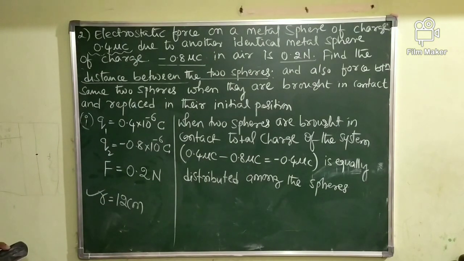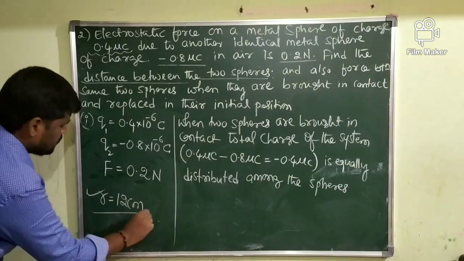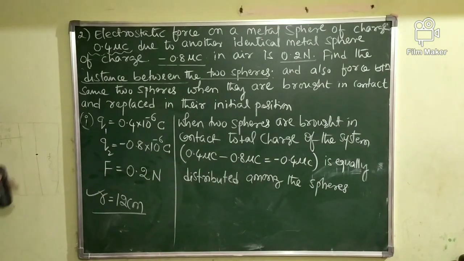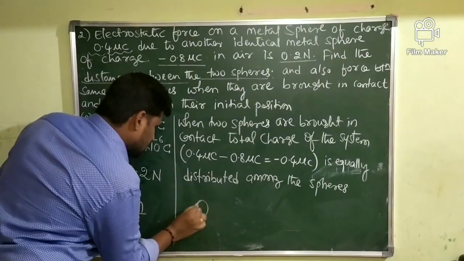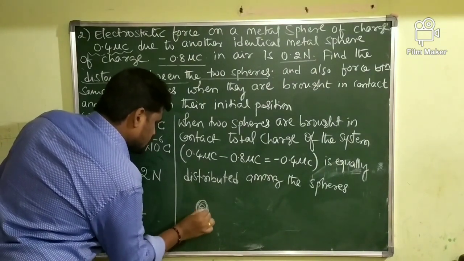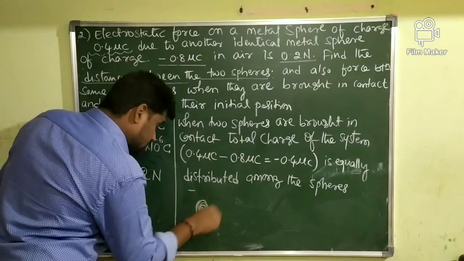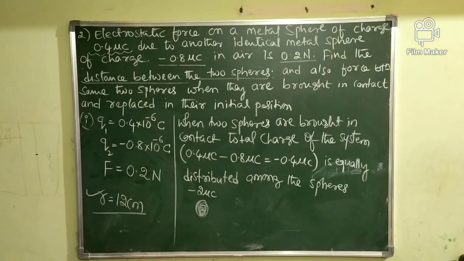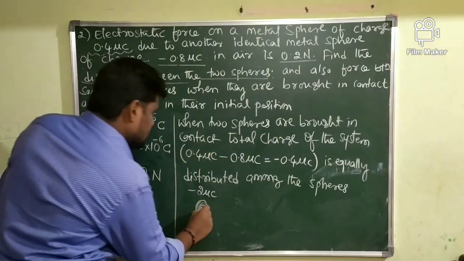They are replaced in their initial position, so once again the distance between the two charges will become 12 centimeter. Therefore, analyze the condition. First sphere is going to get minus 0.2 microcoulomb charge.